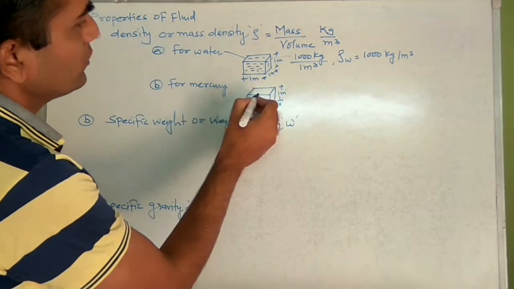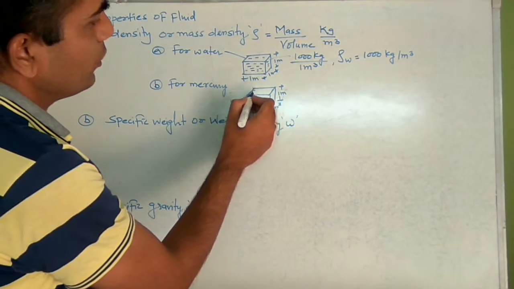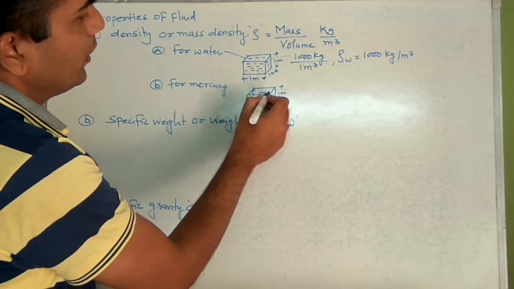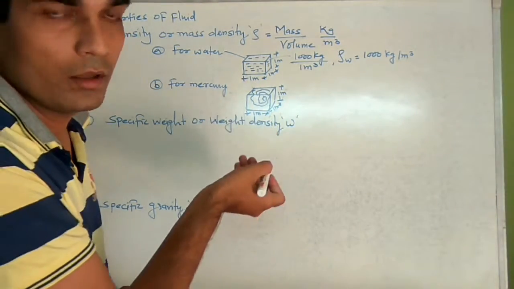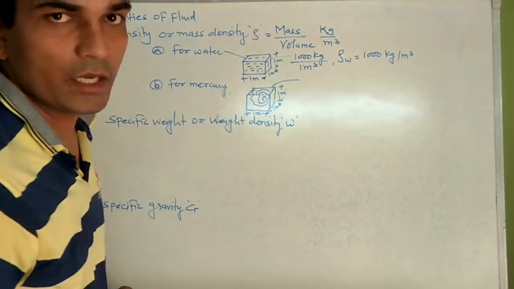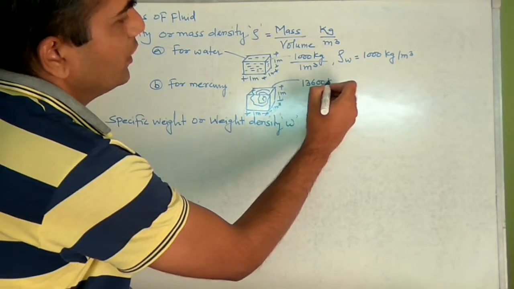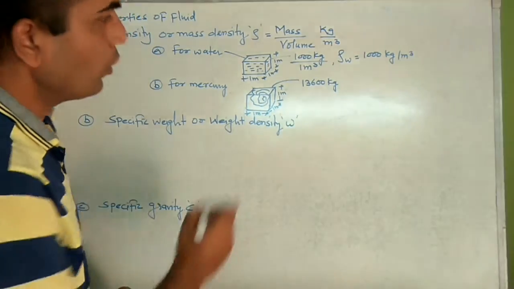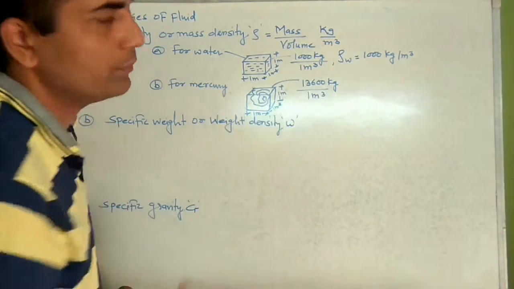Again same 1 m cube box, but in this box if we take the mercury, and if we weigh the second box, that is of mercury, you'll get the answer, that is 13600 kg of same volume 1 m cube.